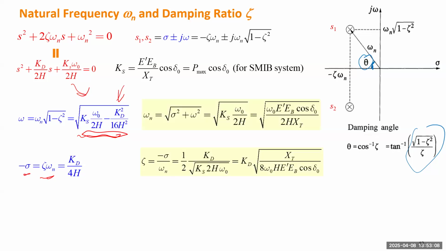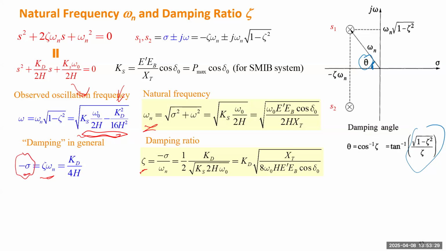We can also get another set of useful formulas based on the characteristic equation of the single machine infinite bus system. We can calculate the natural frequency and zeta. Zeta is the damping ratio. So why is zeta called the damping ratio? Because usually we call negative sigma the damping in general. Zeta is defined as the ratio of the damping to the natural frequency.